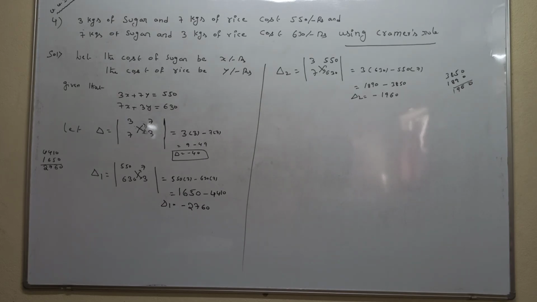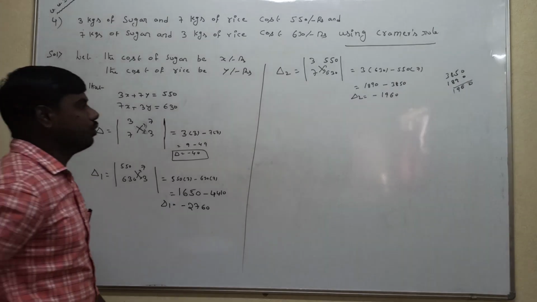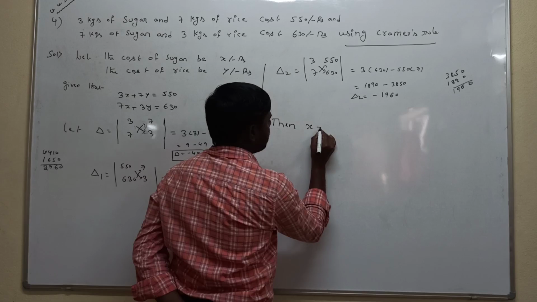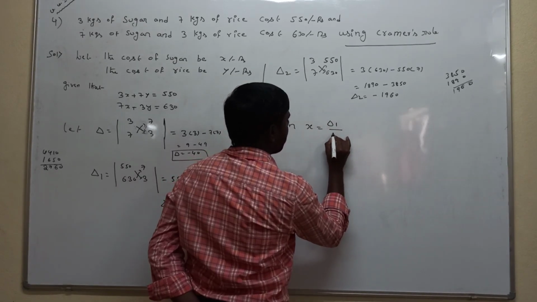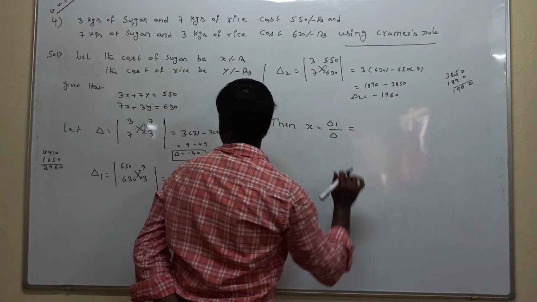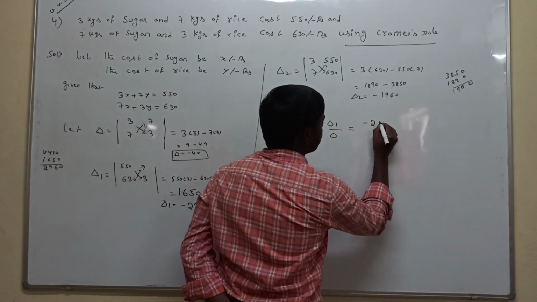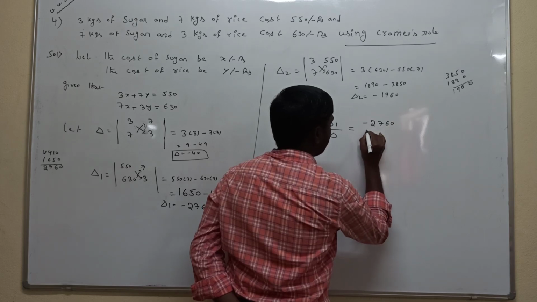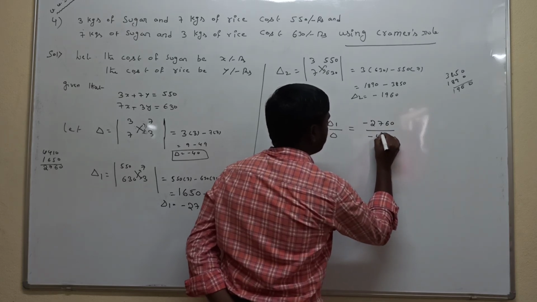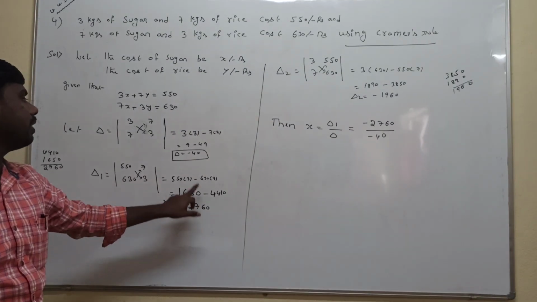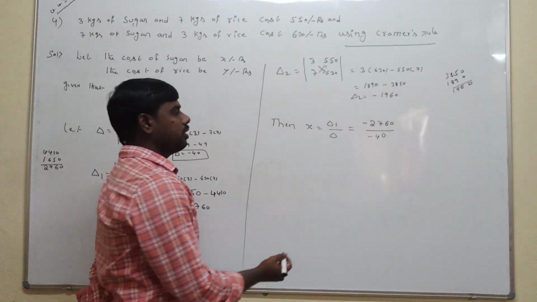After that, to calculate the x value and y value, what is the condition? X equals delta 1 by delta. Delta 1 value is minus 2760 divided by delta value minus 40.